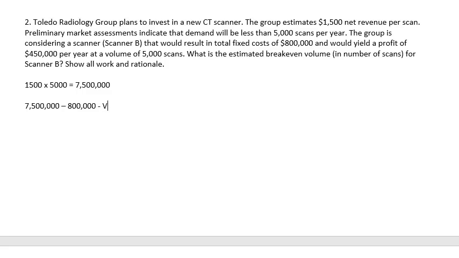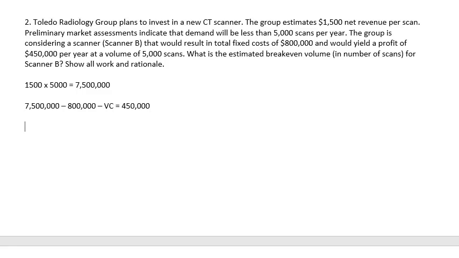We don't know what that is yet, so we'll just call it VC. So we got to figure that one out, which you kind of built on from that first question. We do know what the total is at the end of this whole thing. It'll be $450K in profit.